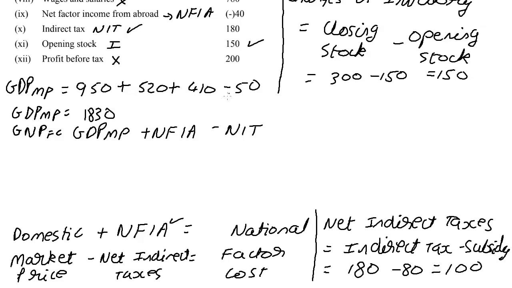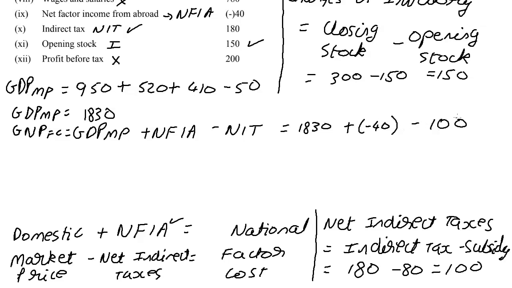I know that NFIA is minus 40, and GDPMP is 1830. So GNPFC is equal to 1830 plus NFIA, which is a negative number, basically minus 40, and again minus net indirect taxes, which is 100.